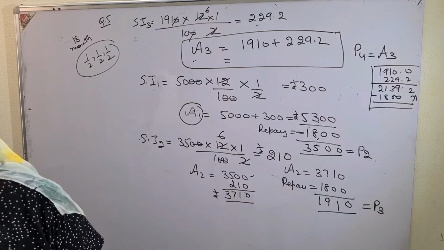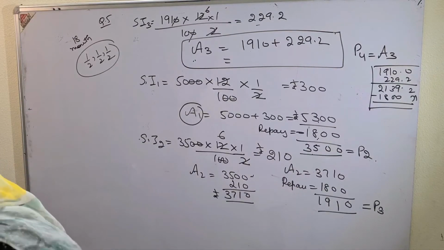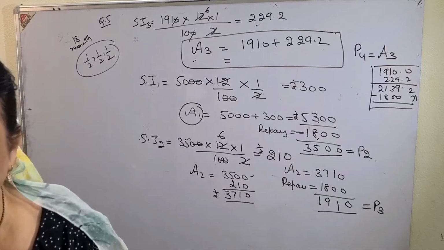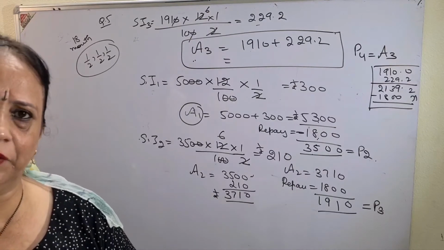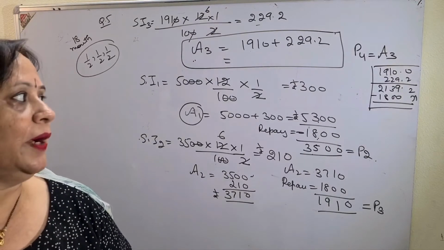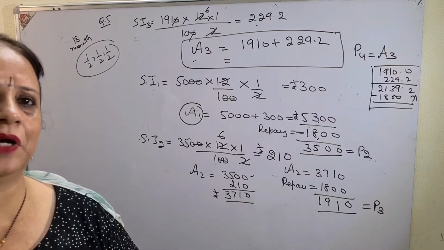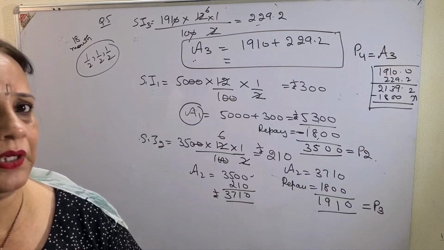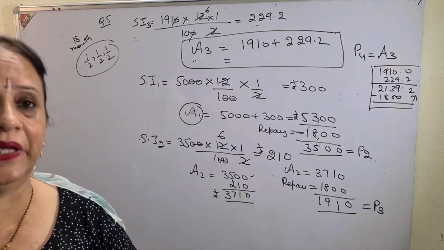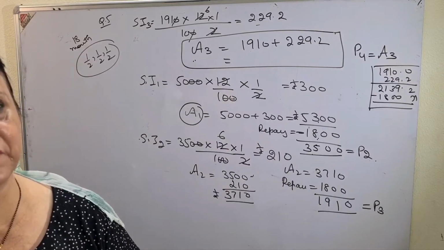So see children, this is the way we do it. Again, I have to tell you one thing more: the principal for the second year is equal to the amount for the first year. This is what I am telling you from the beginning. But in this question, the amount which has come after the first year will not be the amount taken in the second step, because he is repaying 1800 after every half year.